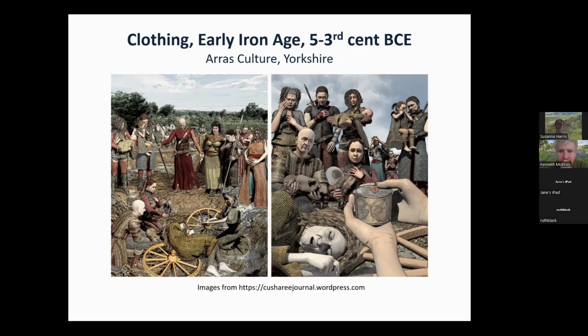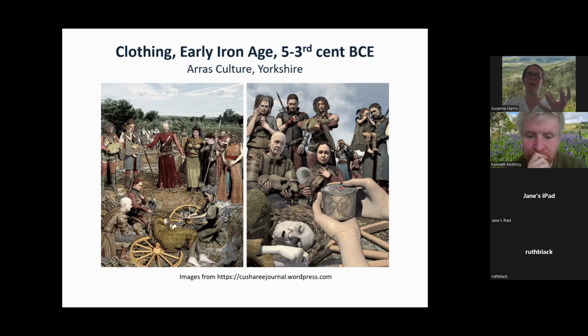So that's where I want to leave it today. I hope that I've given the idea of these big changes in the materiality of textiles in Scotland in this period, and also the real importance of some of the Scottish material for understanding points in time: the early twined fabrics, the wool textiles, the evolution of the sheep fleece.